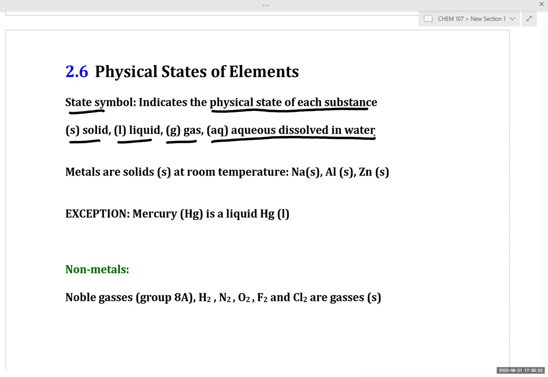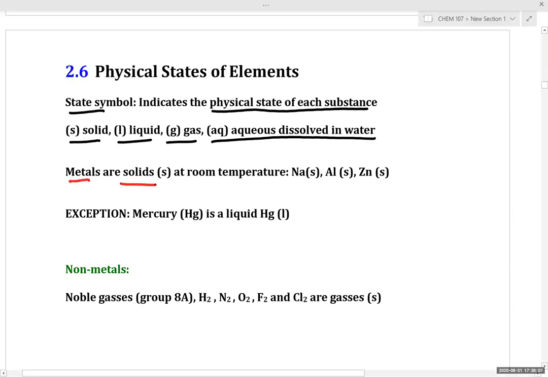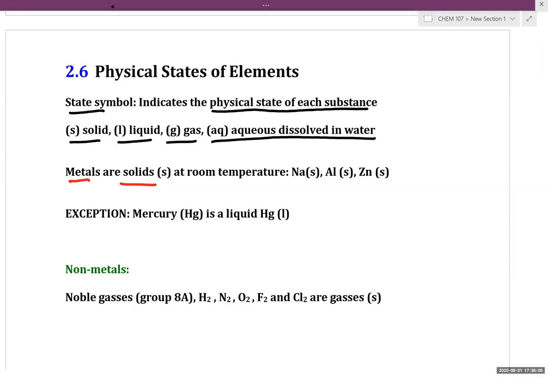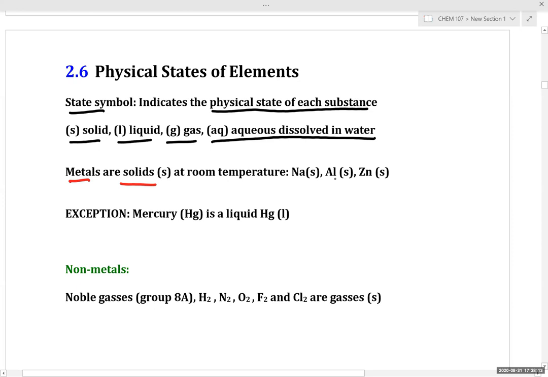Now, for our metals, metals are solids at room temperature. So for example, we write sodium as sodium solid, aluminum as aluminum solid, zinc as zinc solid, calcium, for example, which is another metal, would be written as calcium solid.